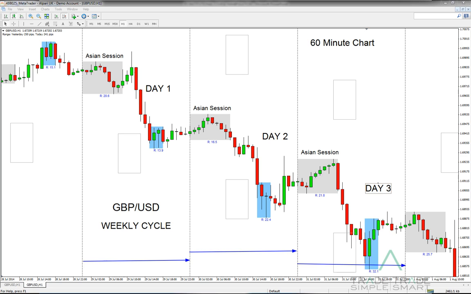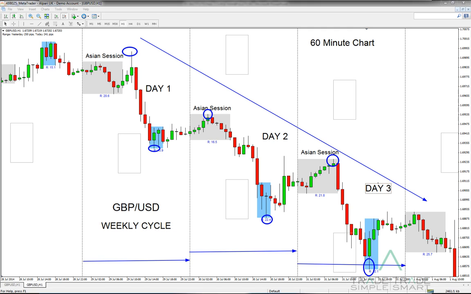Now, the average range on the cycle, depending on the pair and also the time of year and market conditions, and I've said this before, it ranges between 150 to 350 pips.